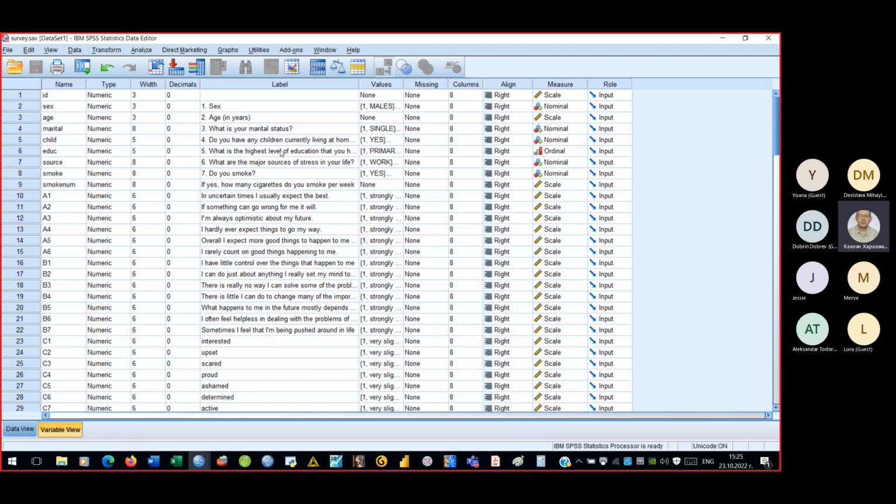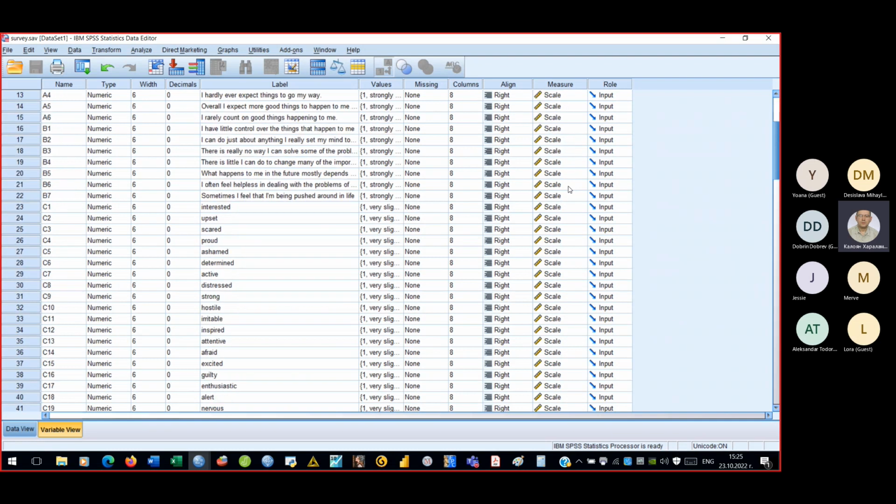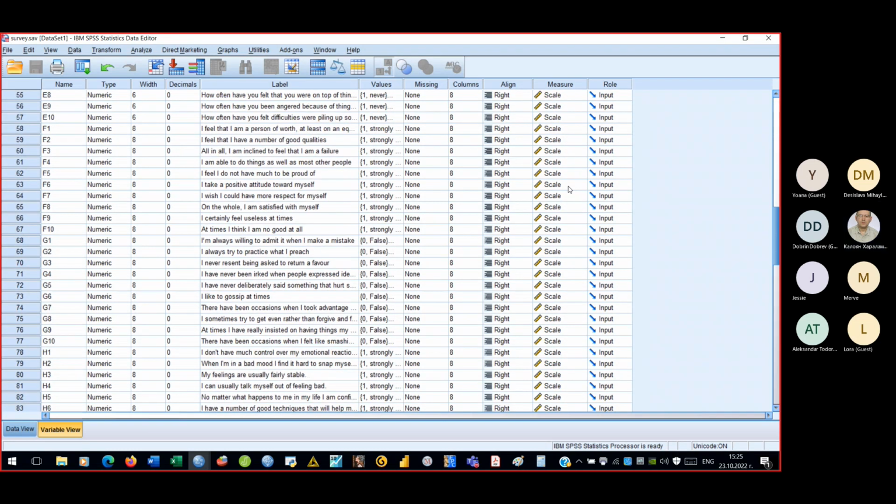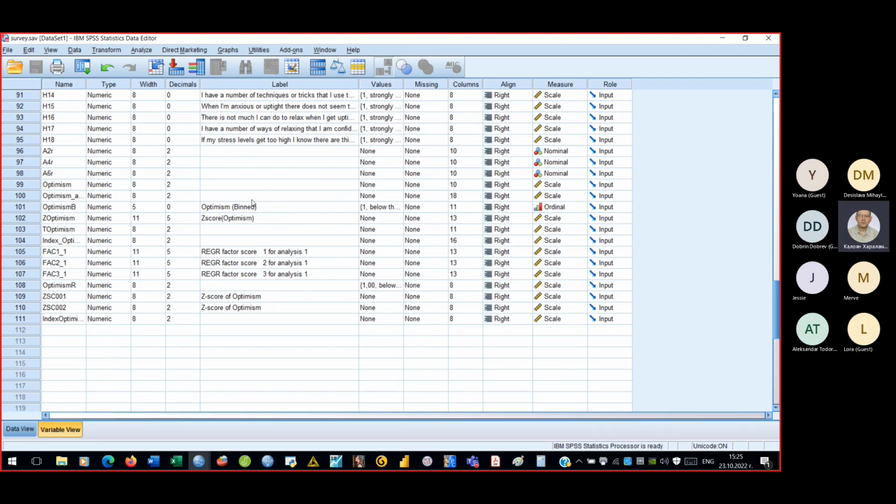Highest level of education is ordinal, okay, it's correct. Then major sources of stress in life is nominal, okay. Do you smoke is nominal, also okay. Number of cigarettes per week is scale, is interval, it's correct. And two results. First one, raw score optimism is interval, yes, here is scale.